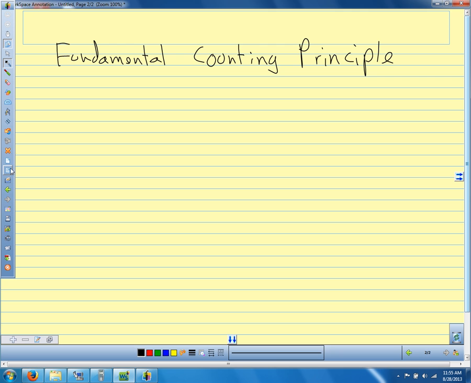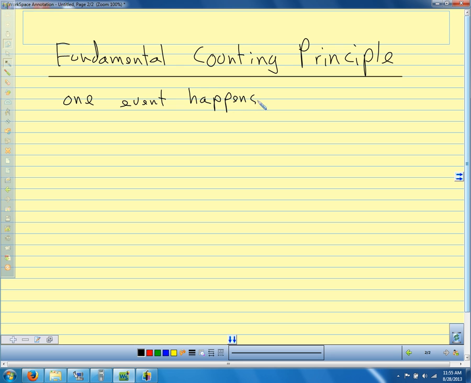Fundamental counting principle. The way it's phrased sounds kind of complicated, but it's not. So we say one event happens m ways. M is just some number. And another event, remember, an event is just something that we're interested in, happens n ways.